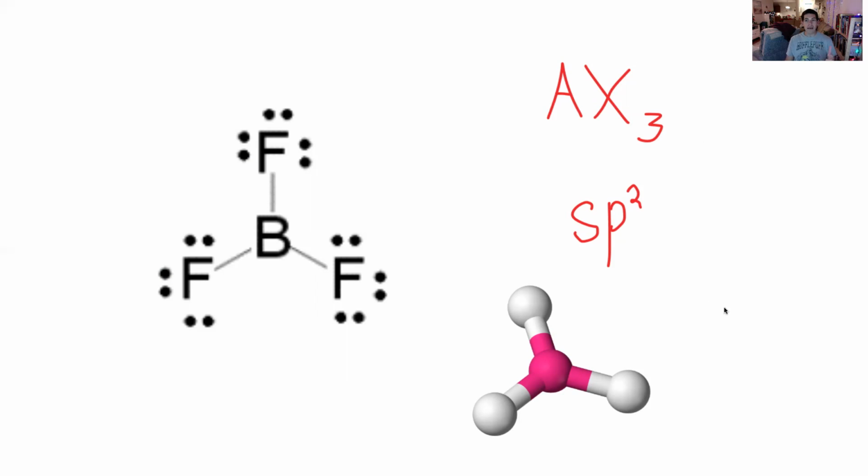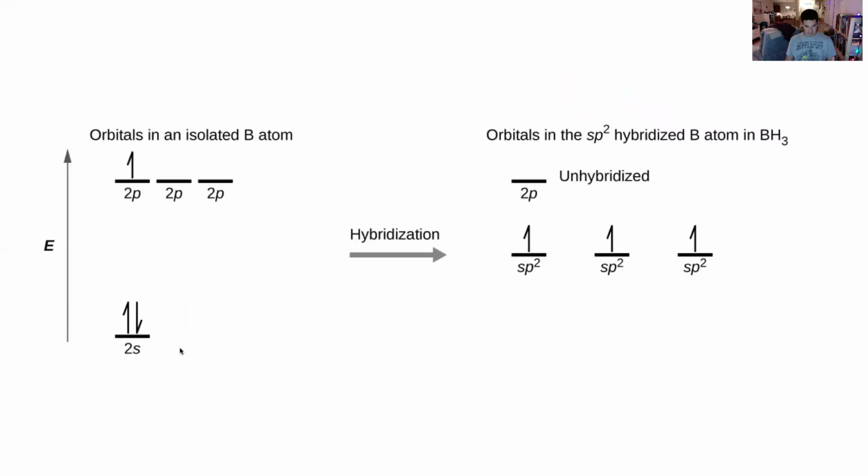So why is it sp2 hybridized? This is what boron's electron configuration would normally look like: 2s2, 2p1. Now for electrons to be part of a chemical bond, they need to be unpaired. There's going to be orbital overlap. So what's going to happen is those 3 electrons are going to blend together and make 3 sp2 hybrid orbitals.